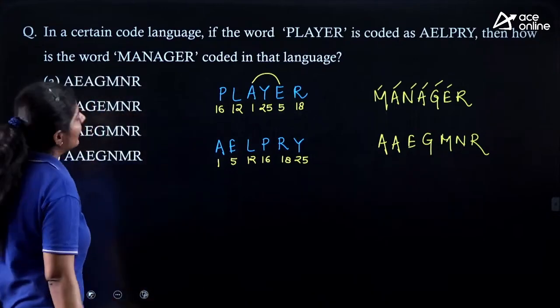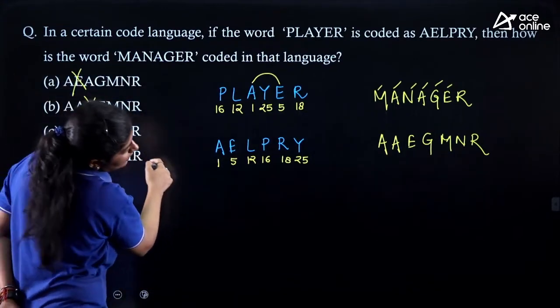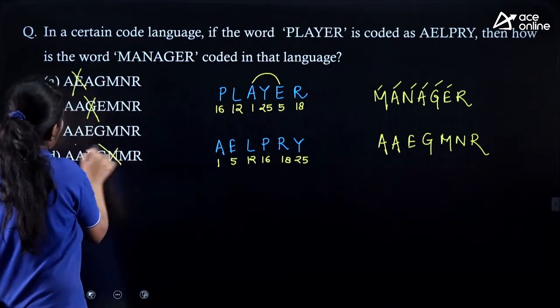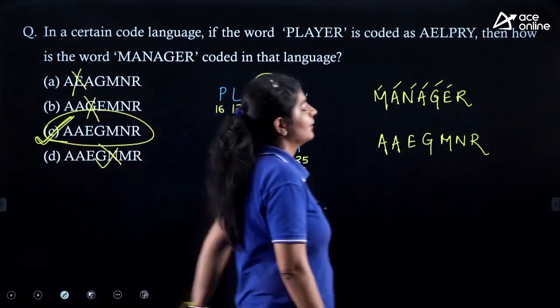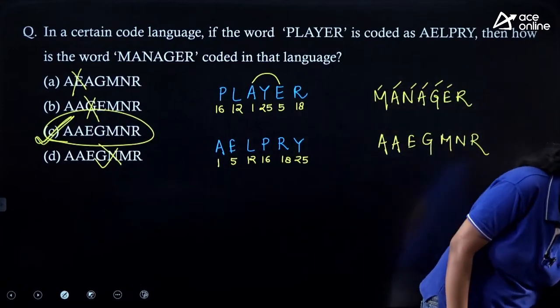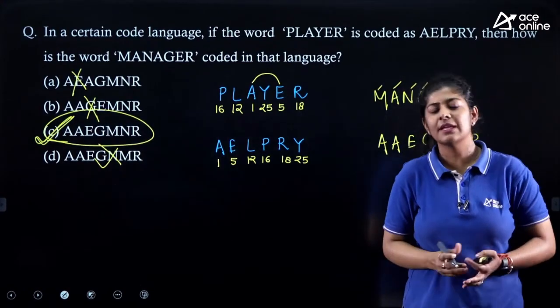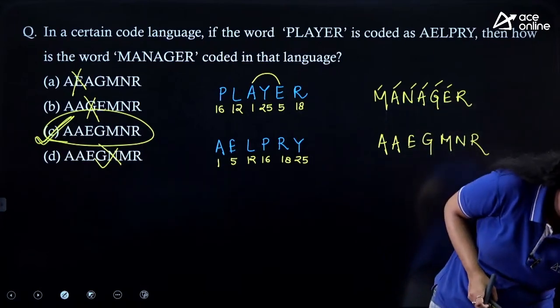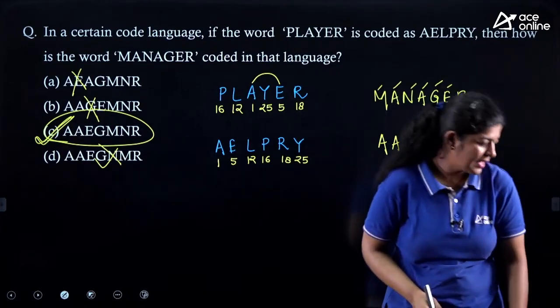So double A, E, G, M, N, R. Option number C is the correct one. So it is quite easy to get the answer if you know the logic. If you can easily get the pattern, then it's quite easy for you to get the answer, right?